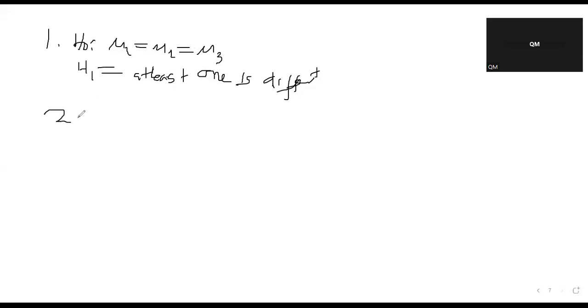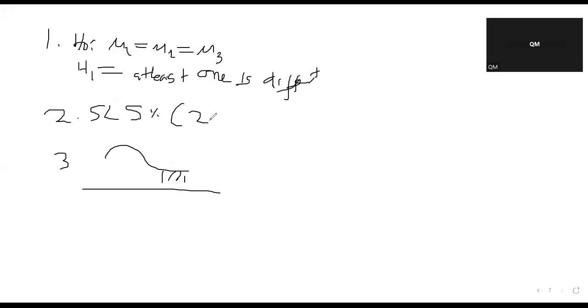Step 2, set the level of significance. They gave us 5%. Then the rejection rule. We checked under 5%, 2 and 6.